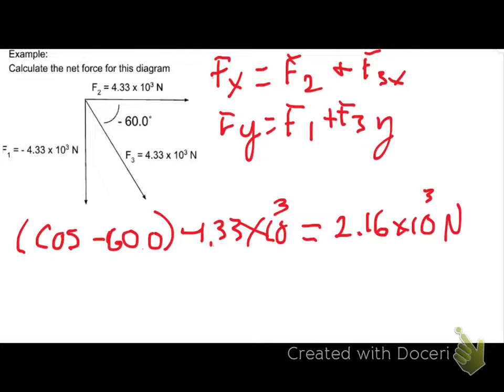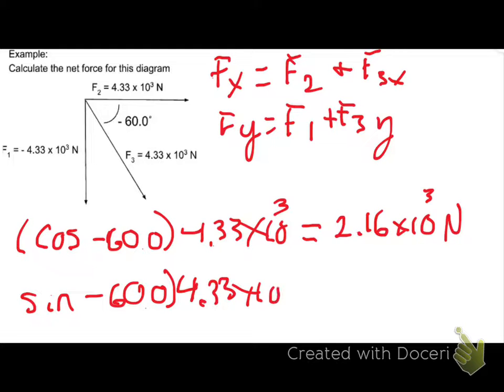And in order to solve for F3y, we're going to do sine of negative 60.0 times 4.33 times 10 to the third, which should come out to roughly negative 3.75 times 10 to the third newtons.